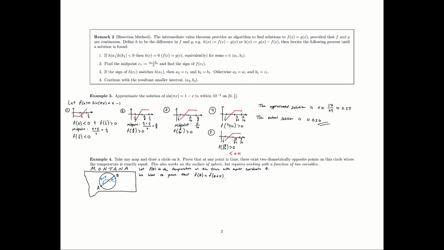We have an equation. We subtract all the terms to one side and then define a new function. So we will let g of theta equal f of theta minus f of theta plus pi. That's the difference. Now we want to check to see where this function g obtains a 0.